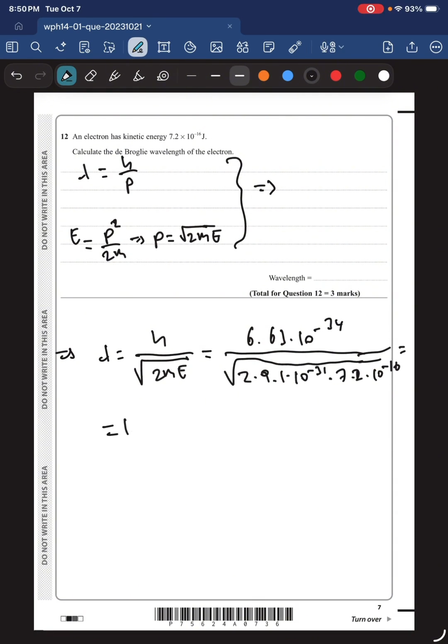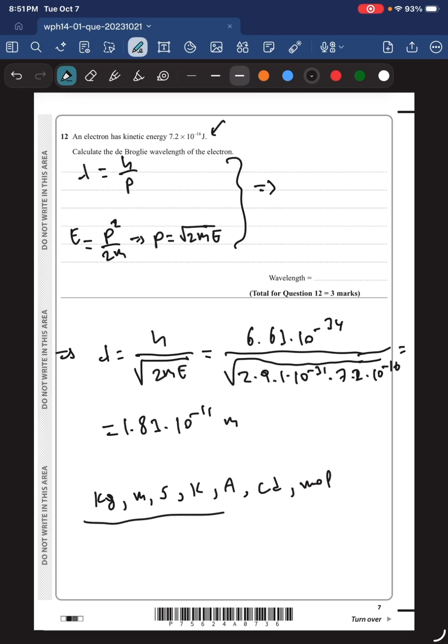And this yields 1.83 times 10 to the negative 11 meters. One small remark here: the energy is given in joules. If it was given in electron volts, you have to convert to joules, because remember, all units have to be converted to base units, and base units are kilograms, meters, seconds, kelvins, amperes, and there are 2 more, the candela and the mole, okay?